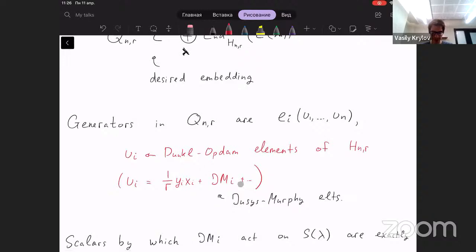And it turns out that this Q_{n,r} consists of symmetric functions on these Dunkl-Opdam elements.